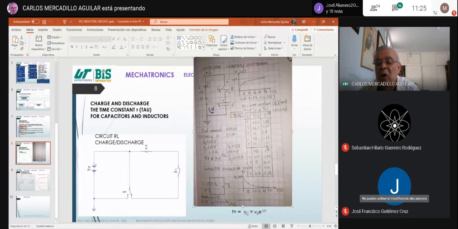It is almost zero because this is an asymptotic curve that will continue for a long time, approaching zero but not becoming the real zero. Mathematically. In practice, it will come to zero after five time constants. Okay, that is for the capacitor.